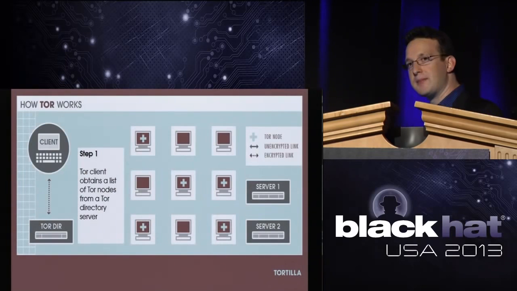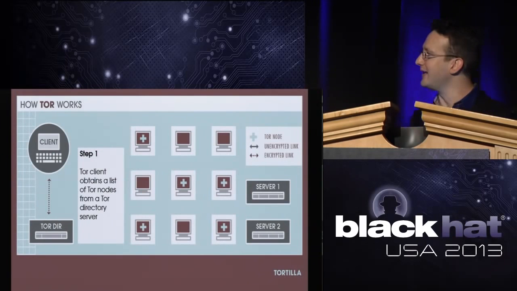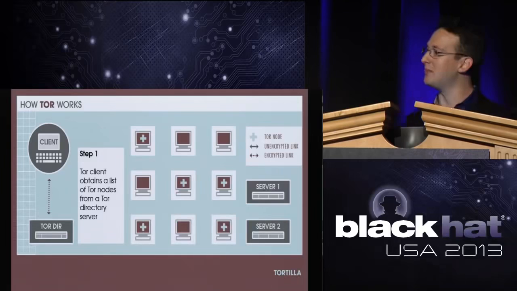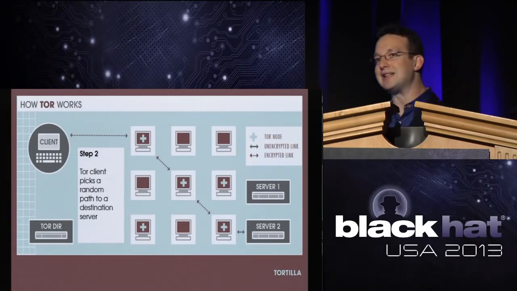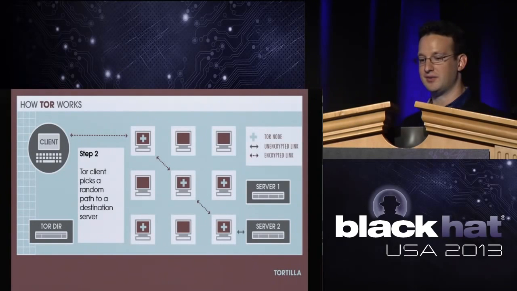So the first step is that the Tor client gets a list of Tor nodes from a Tor directory server. And when it wants to communicate with a remote server, it routes its internet traffic via an encrypted protocol through these Tor nodes, and the last node before that final server is called the Tor exit node.